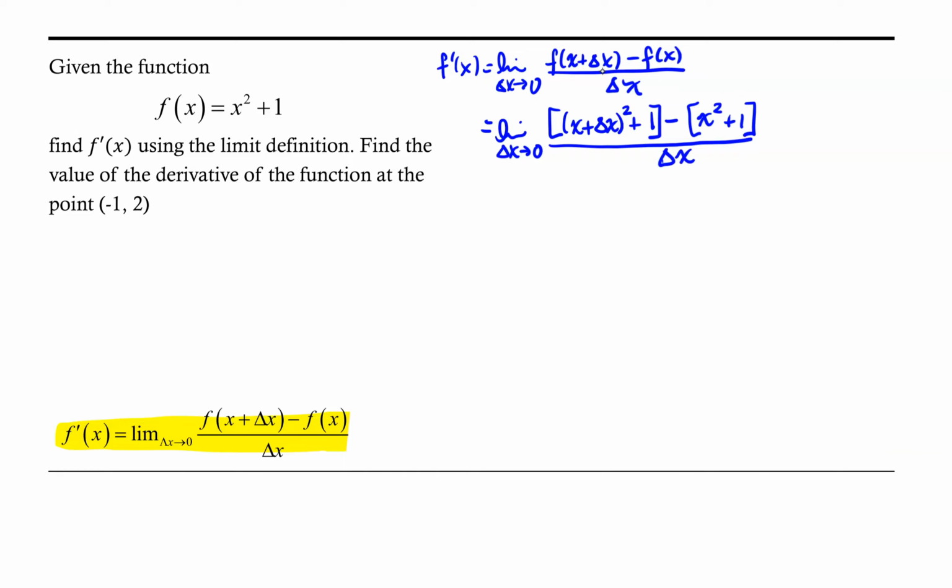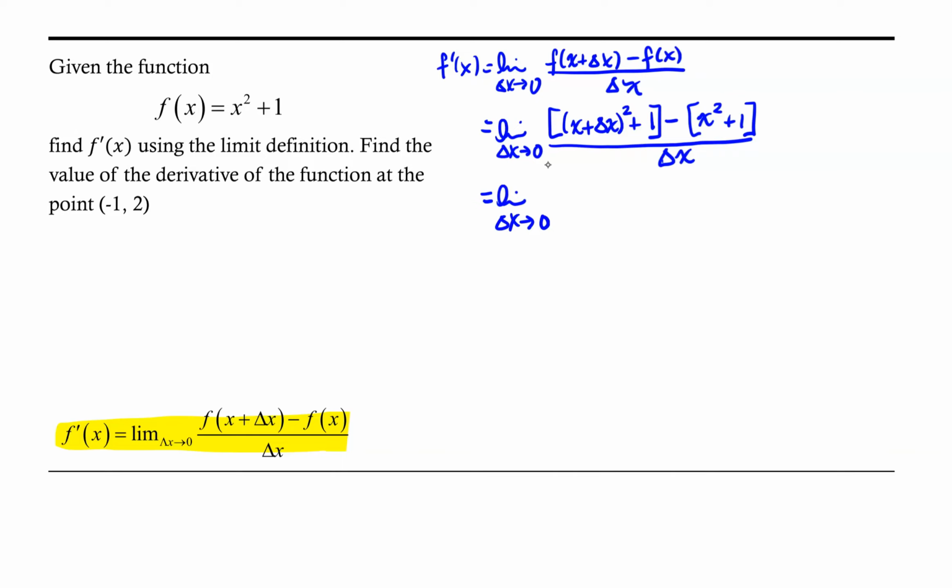Now, I can't take this limit at this time because as delta x goes to 0, my denominator would go to 0. So I need to use some algebra and simplify my numerator and see if I can rewrite this function that we've created in a simpler term so that we can actually find the limit as delta x goes to 0. So continuing on, limit as delta x goes to 0.